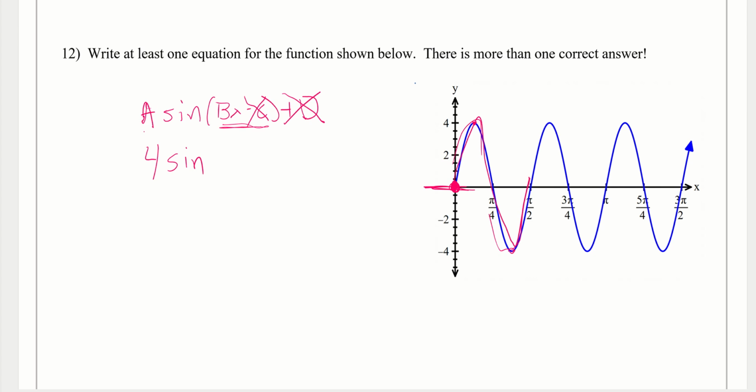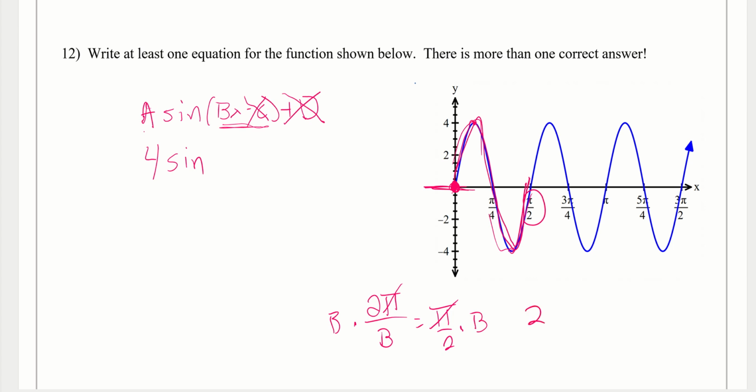Now, you can guess and check if you want, but I know my 2 pi over B should equal 1 full period, which is going to be, in this case, pi over 2. Right, so we can solve this out. So I have a pi on top and bottom, so I'm going to cancel that out with that. Multiply the B over.